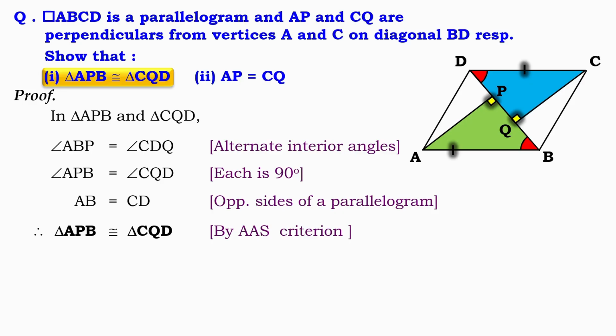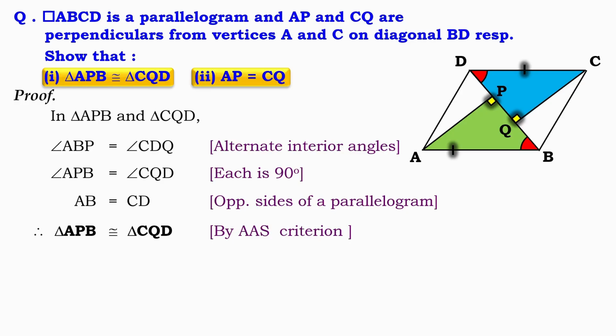What is the difference between ASA and AAS criteria? In ASA, we consider the two angles and the common side between the two angles. In AAS criteria, we consider the two angles and the non-common side. Okay.